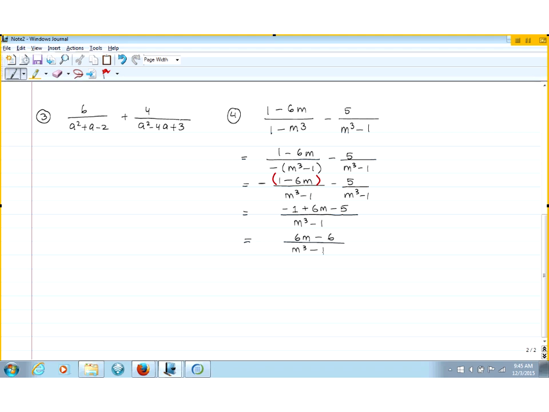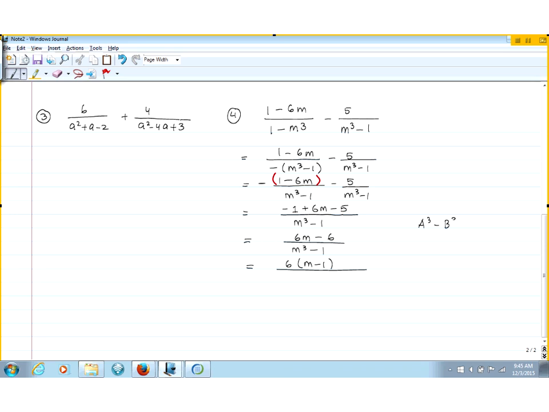All right, now let's see. Is it factorable? Okay, so 6 times m minus 1. How about m cubed minus 1? Is m cubed minus 1 factorable? Yes.